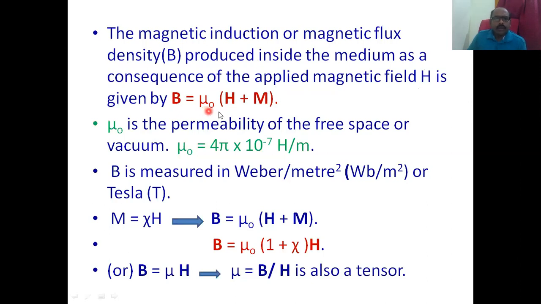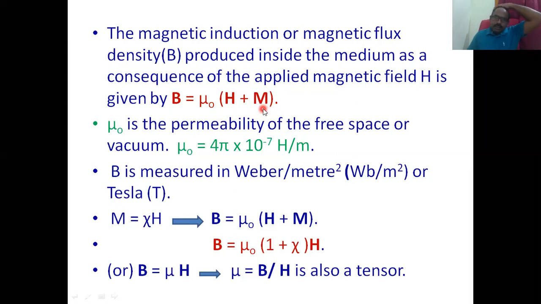Here it is the external field applied, and as a result of this, the material is magnetized. It attains some magnetic property. Therefore the addition of these two is the magnetic induction inside the solid or medium. So B is equal to mu naught H plus M.